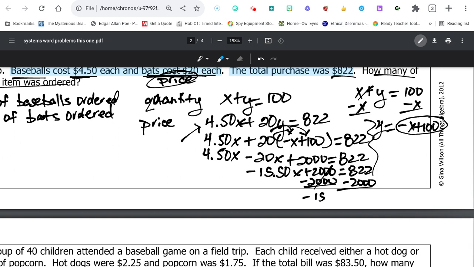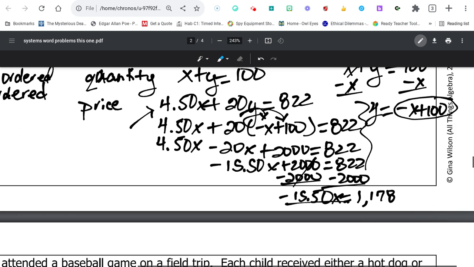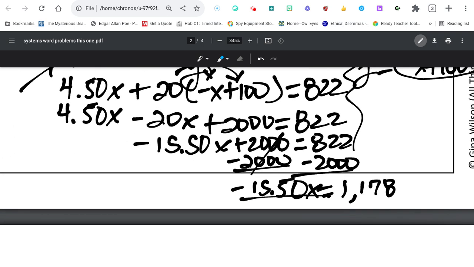So negative 15.50X equals 2,000 minus 822, 1,178. And just divide both sides by negative 15.50. Oh, that's negative right there, guys, because it's more to the left.